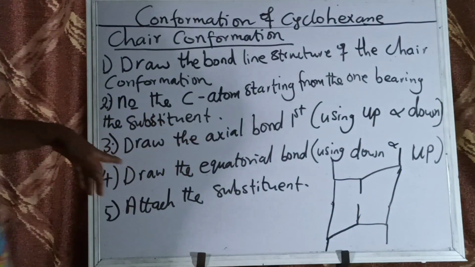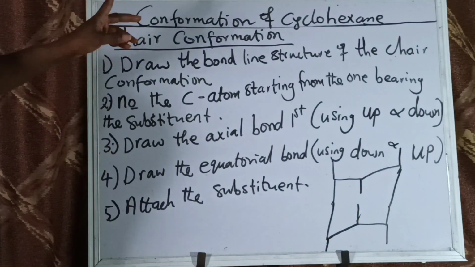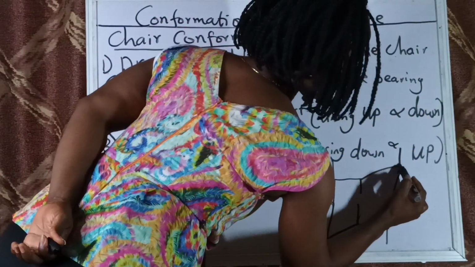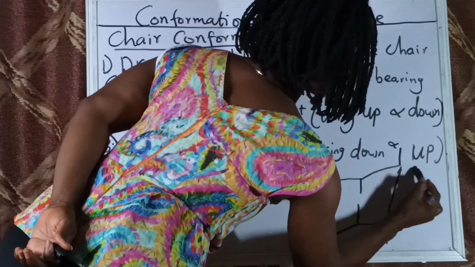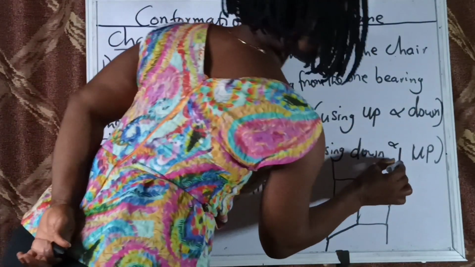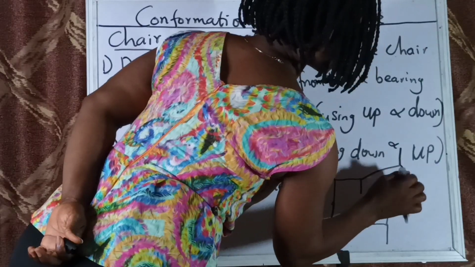So the next is to draw my equatorial bond. Remember, you're not going to draw the equatorial bond like this. No, it's not like that. Since the axial bond is up here, your equatorial bond will be down. Can you see how I slanted it?